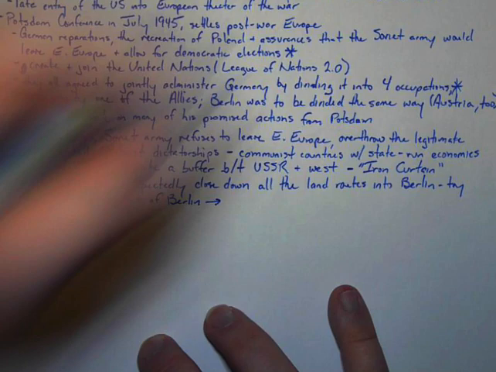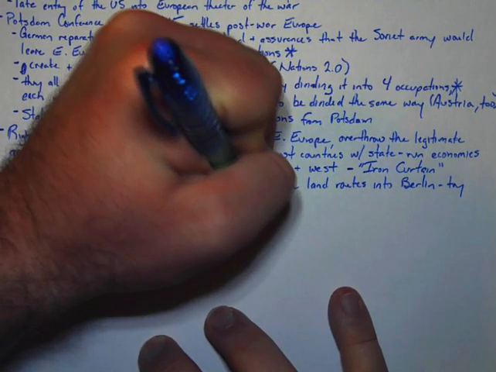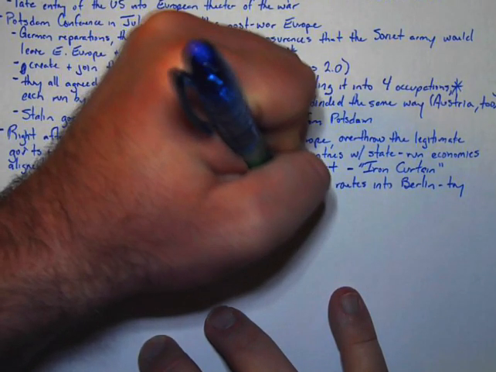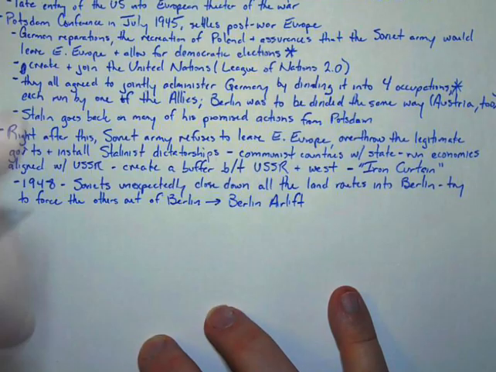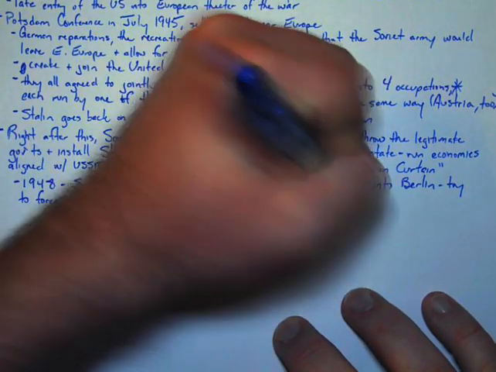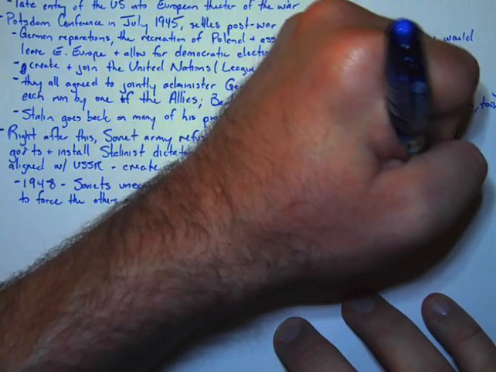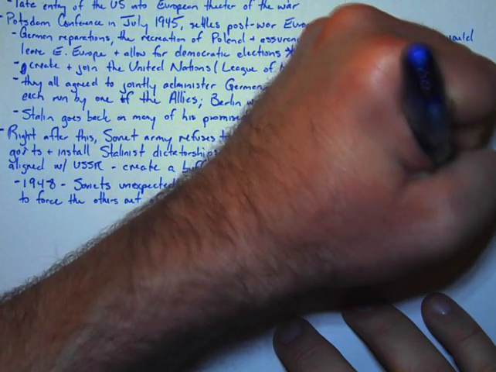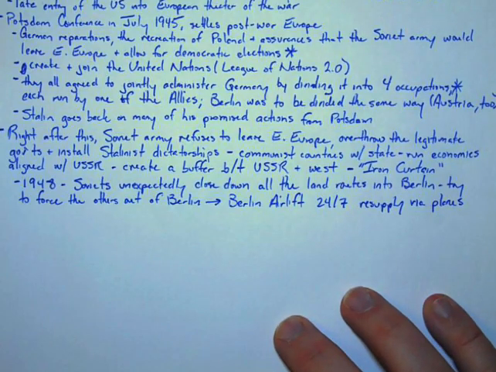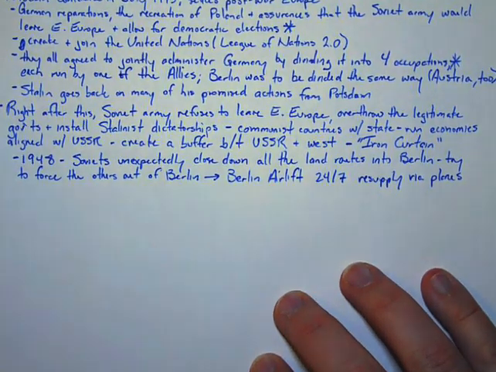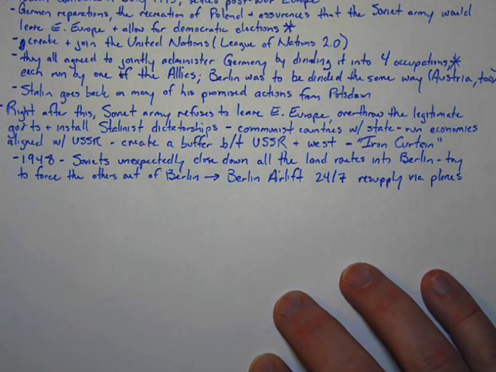The other allies react with the Berlin Airlift. The Berlin Airlift was a 24/7 resupply of the city via planes. So planes were constantly landing and taking off, supplying the city with food and medicine and rebuilding supplies, because the city was essentially blown up during the war.